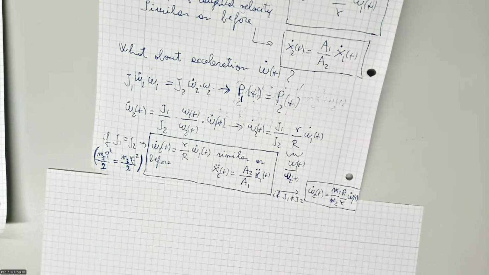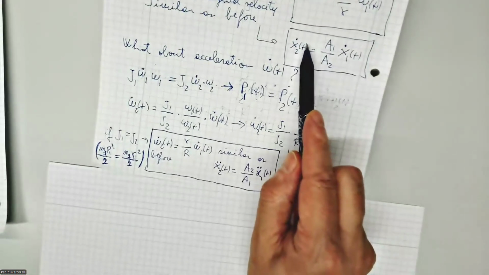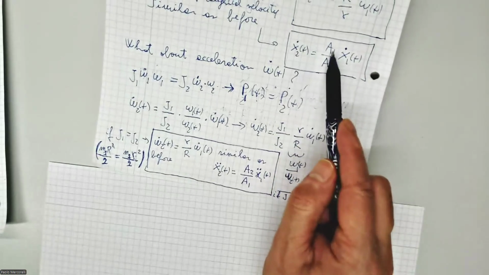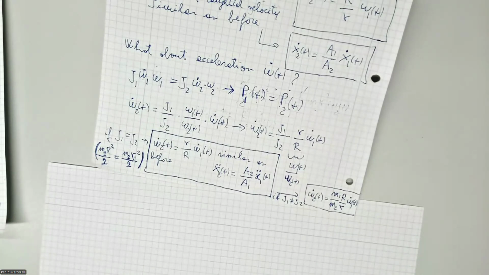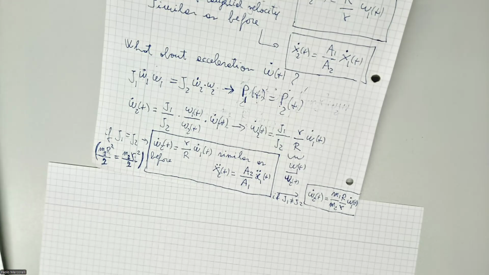Why doesn't it work? Probably again, the acceleration on the second part is A divided by 1 multiplied by the acceleration of the first part. It doesn't work because we have a different dynamics between left and right. This is the concept. Let me see what I can add here a little bit.